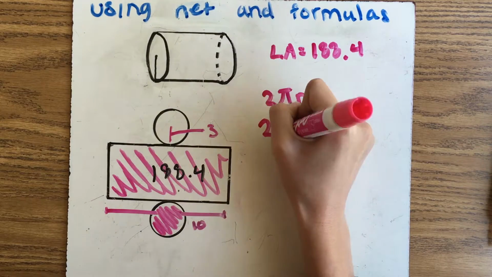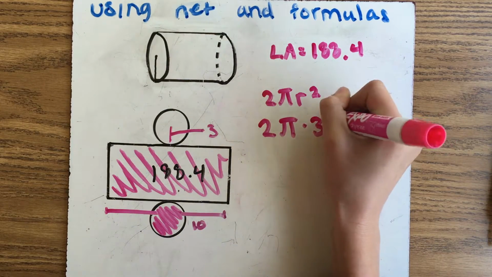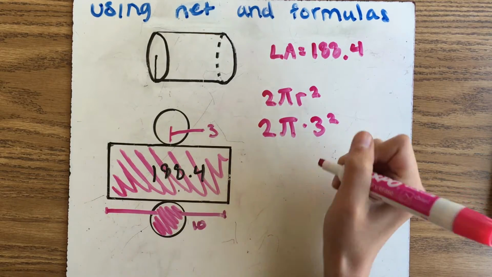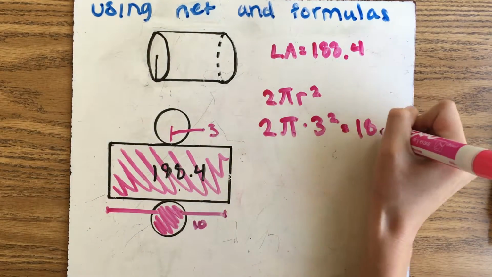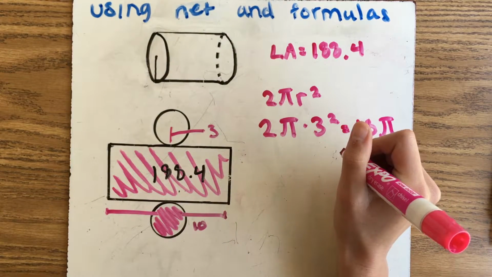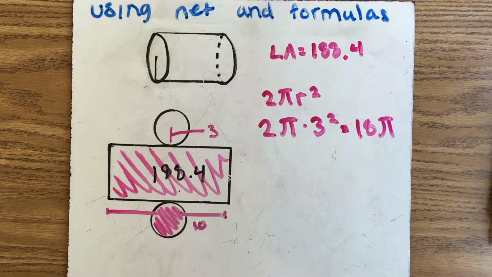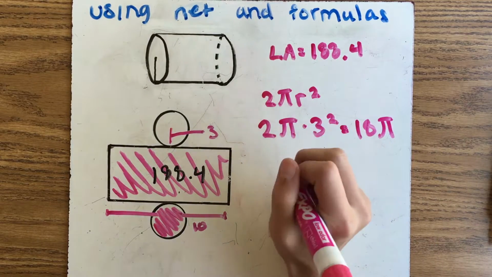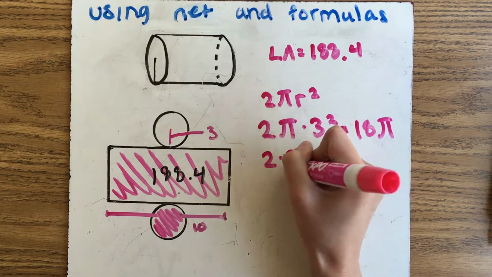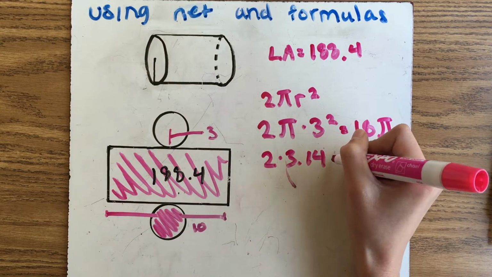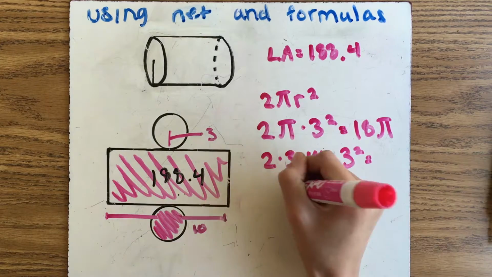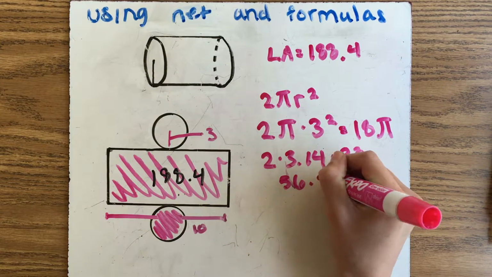So we're going to do 2 pi times 3 squared, which is going to give us 18 pi. If we do it in terms of 3.14 as pi, then we would do 2 times 3.14 times 3 squared, which is going to give us 56.52.